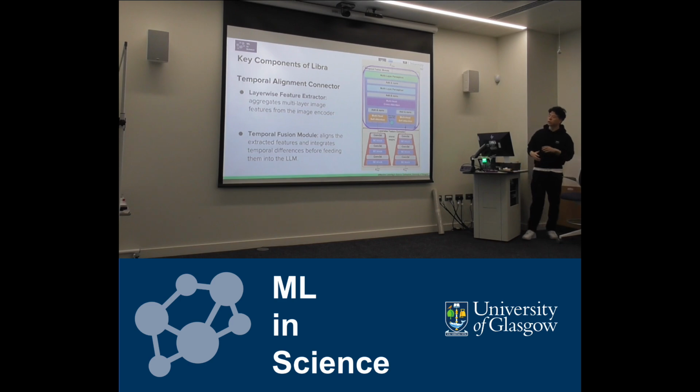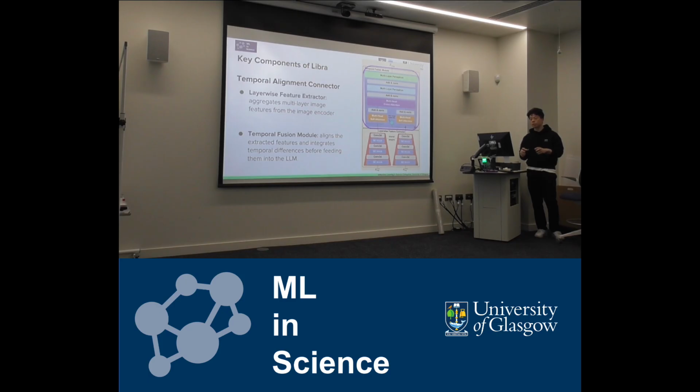This is passed to the temporal fusion module, where we need to tell the model what the difference is between the current and the prior images. In this fusion module, it treats the prior image as an auxiliary modality and applies an attention-based mechanism to integrate it into the current image.